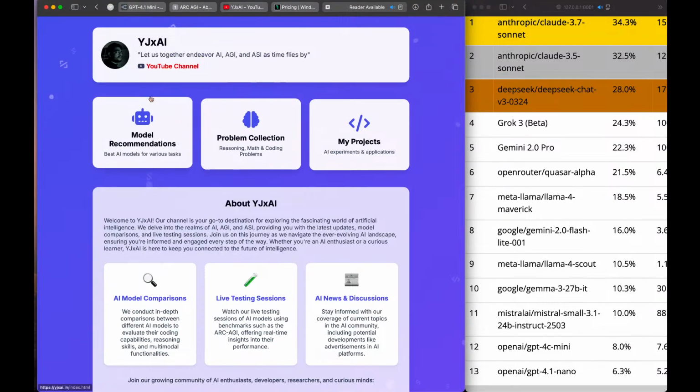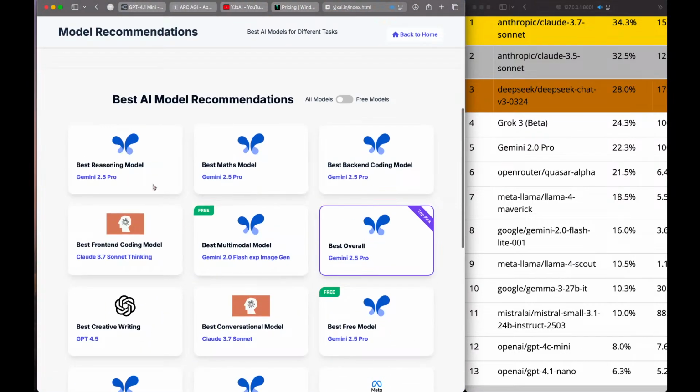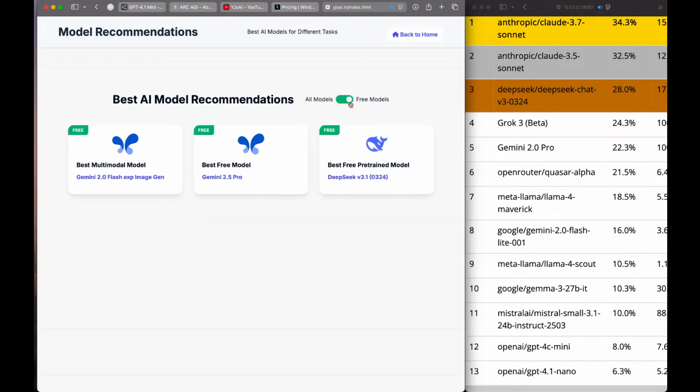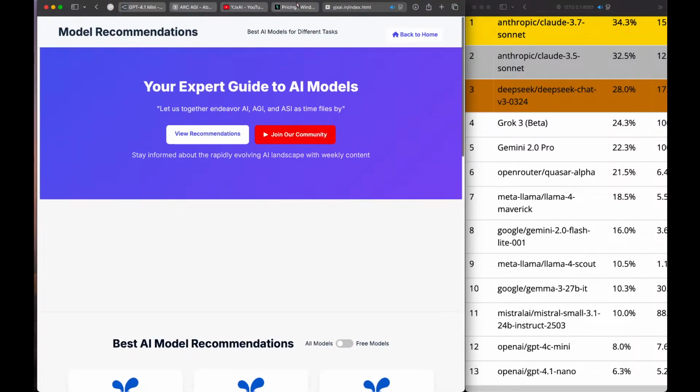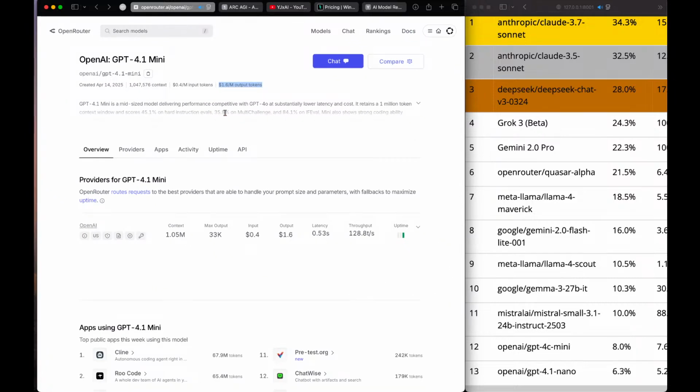If you go to model recommendations, you will see all my recommended models for each tier. There is a free models toggle that will enable all the free models. I have recently updated that, but hopefully if the GPT 4.1 family performs very well, I will have to update it again.